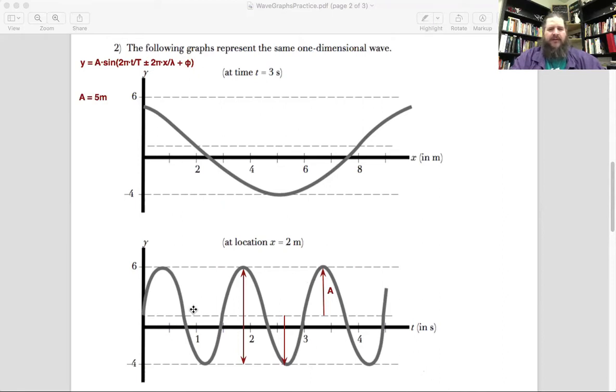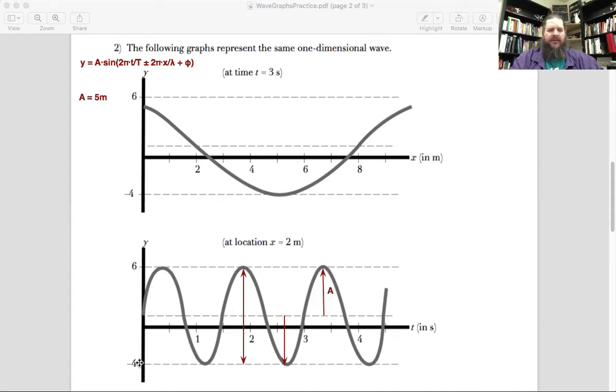Whereas if we wanted to find this equilibrium value, this halfway point, how would we find the point halfway between 6 and -4? Yeah, in that case, we could find the average. One way to do that would be to add the two numbers, 6 plus -4, and divide by 2.